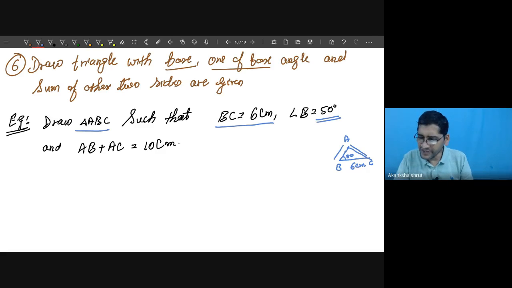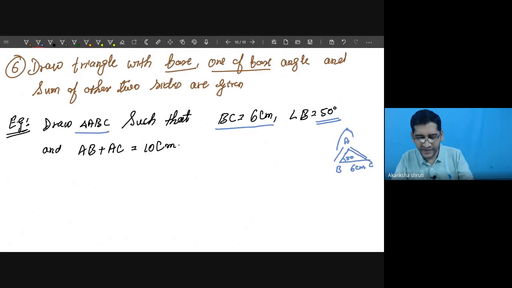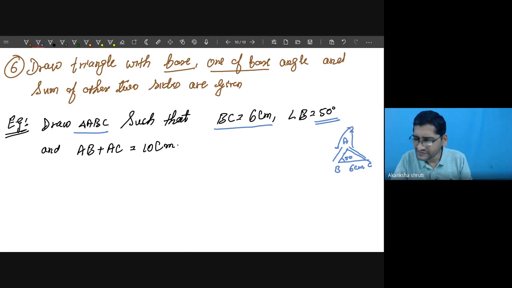AB and AC are not given, but the sum of these two sides, when they are added, is 10 centimeter. So this way we have to construct a triangle.